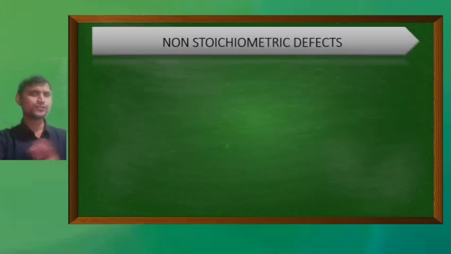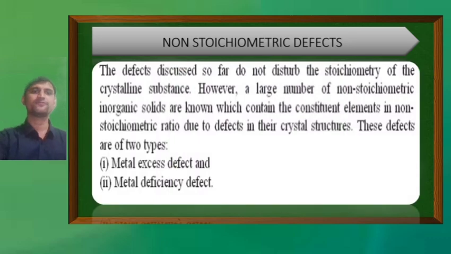Next one, non-stoichiometric defect. Non-stoichiometric defects are classified into two parts, metal excess defect and metal deficiency defect.